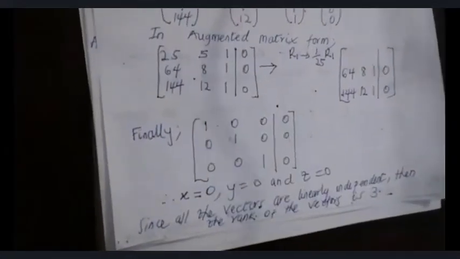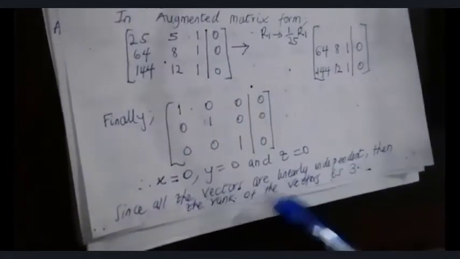You realize that if you check the unknowns, X is equal to 0, Y is also equal to 0, and Z is equal to 0. Once the unknown scalars are all 0, it means that the vectors are linearly independent. So when you get the identity matrix, you check for the unknowns.